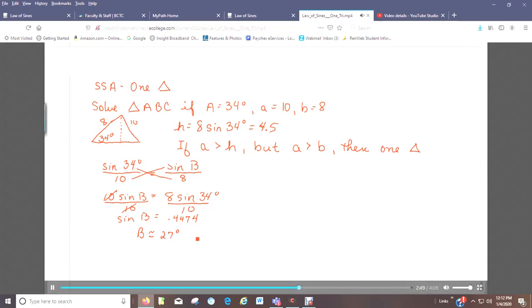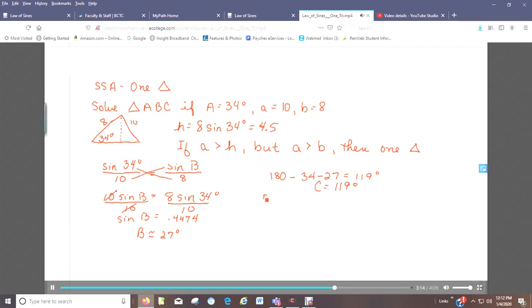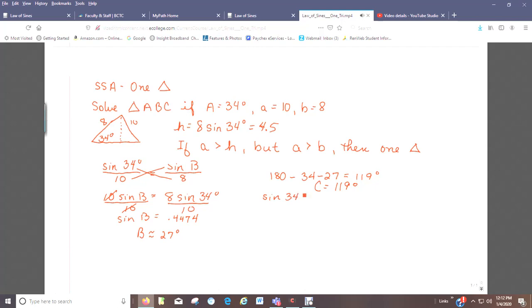Alright, from there, let's go ahead and get angle C by taking 180 minus 34 and minus 27. That gives me that angle C is 119 degrees. Let's take our 119 and use it again in our law of sines to find the missing side C. So now we'll have sine of 119 degrees, and we don't know what side C is, so let's cross multiply.